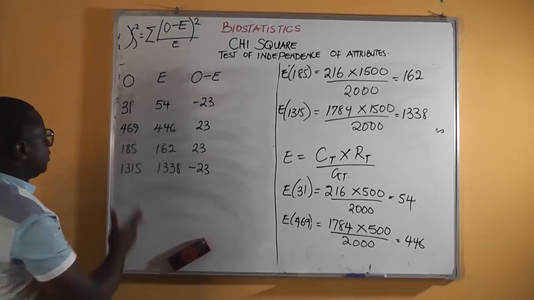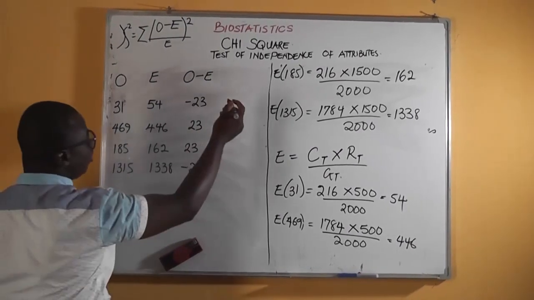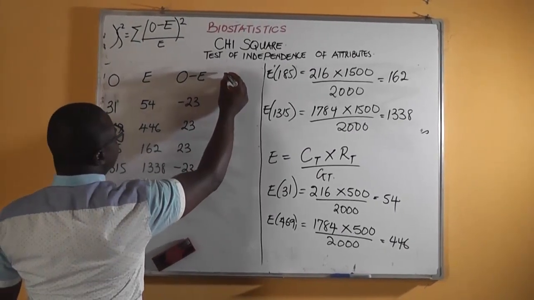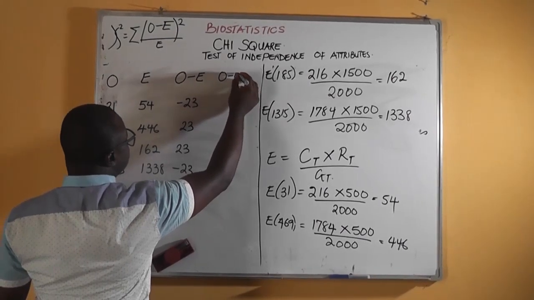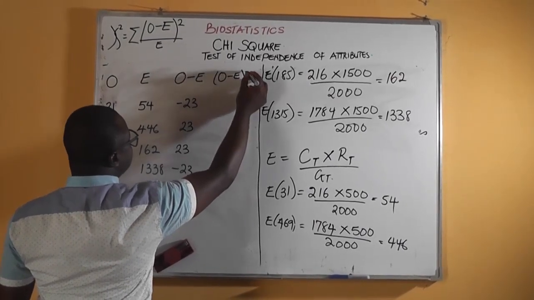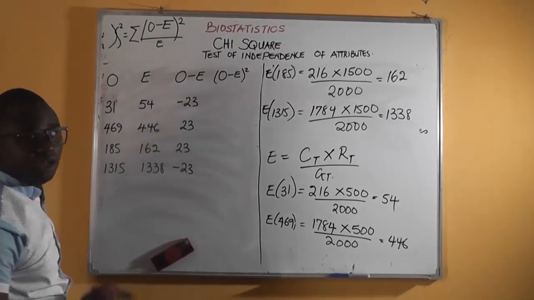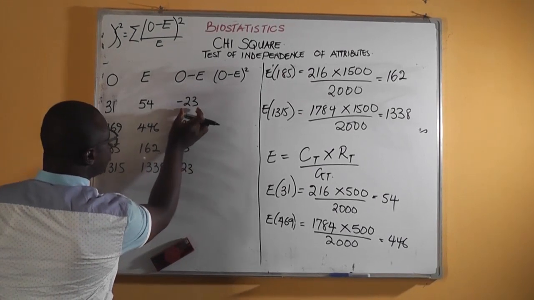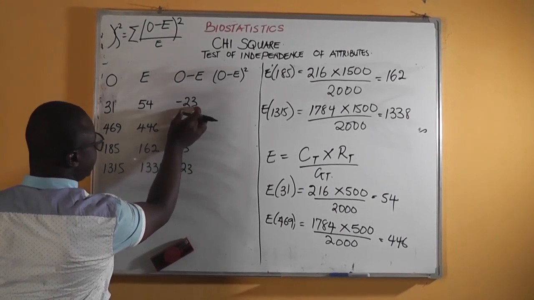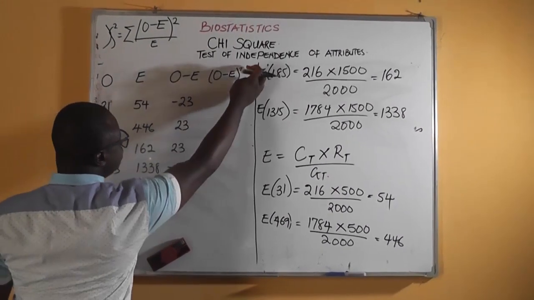Are we together? So the next column now will be O minus E, everything squared. That means I'm going to square these values. This value and this value, the difference is just this square.